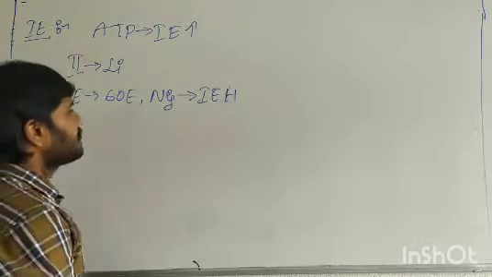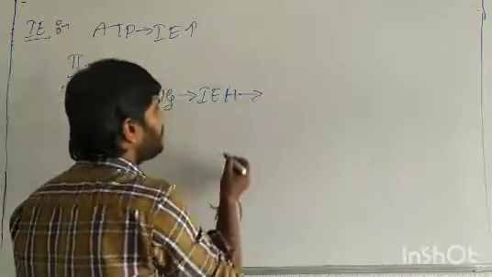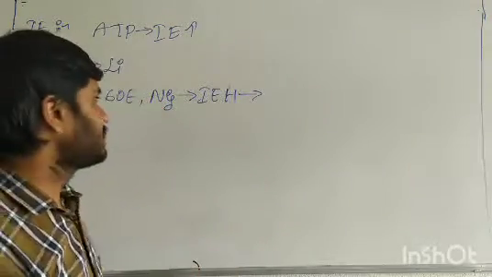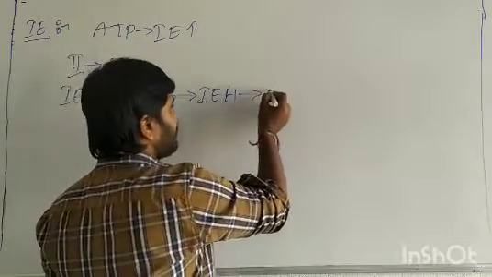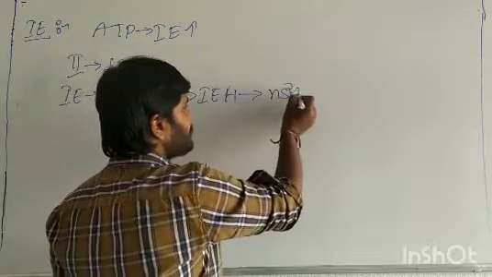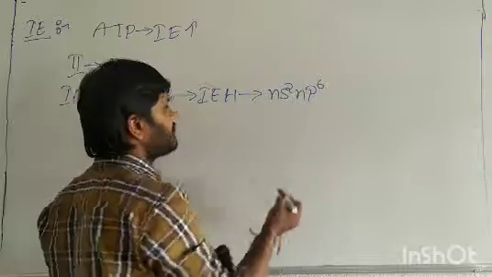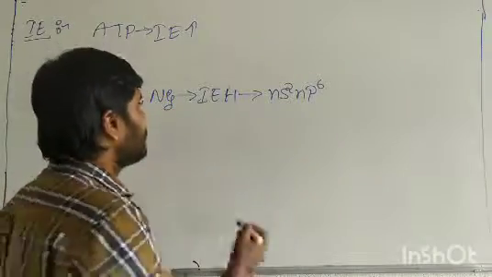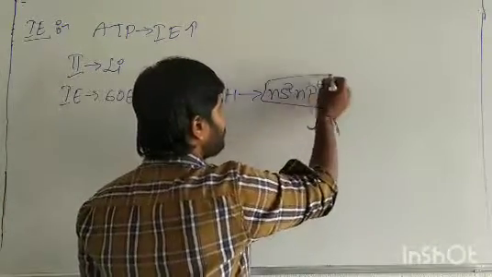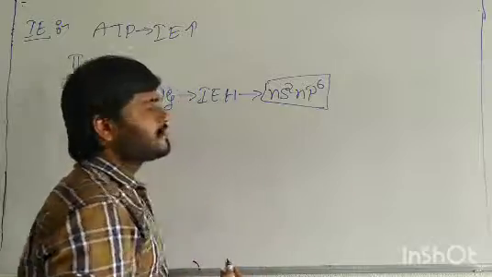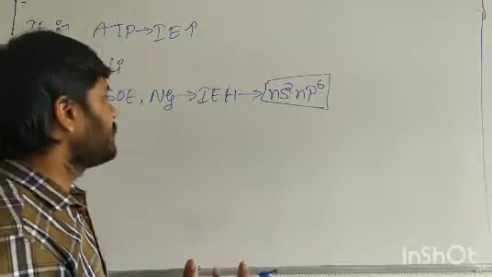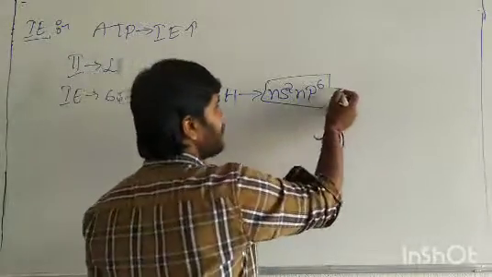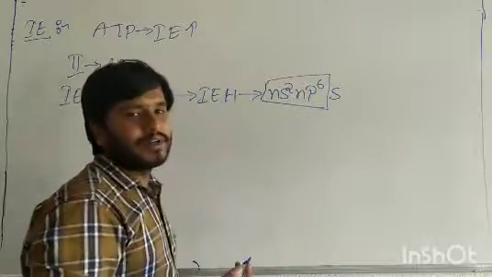This is because noble gases have a filled and stable configuration. That means noble gases have an ns2 np6 configuration. All the orbitals of the noble gas elements are filled, and this configuration is highly stable.